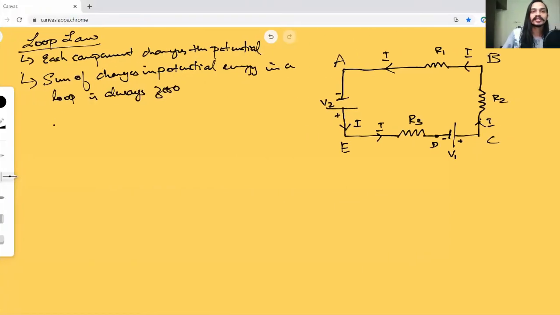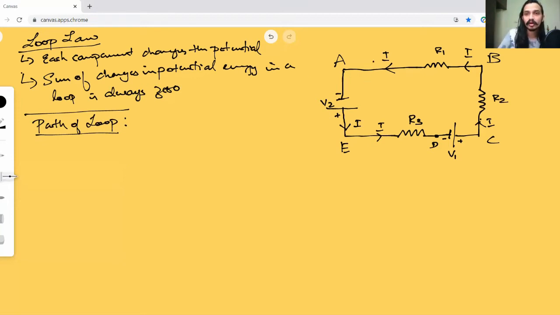The first thing you have to do when you're trying to demonstrate the loop law is fix a loop. Fix the path of your loop. You can go either clockwise or anti-clockwise. Clockwise means how the clock goes, and anti-clockwise means in reverse. I generally take clockwise, so you can go with clockwise also, and I'll be demonstrating with clockwise.